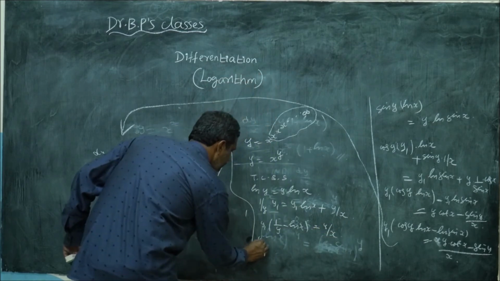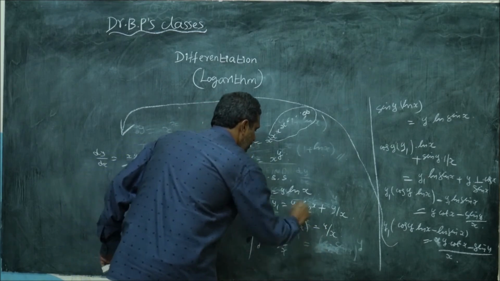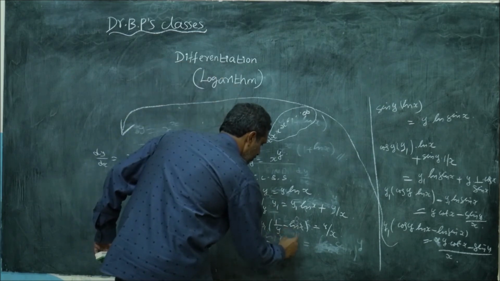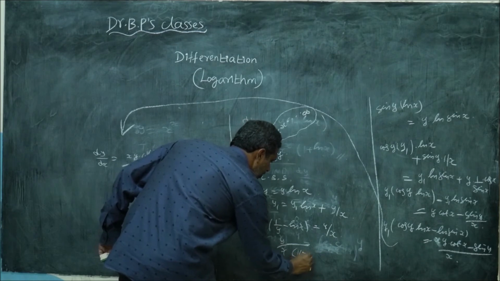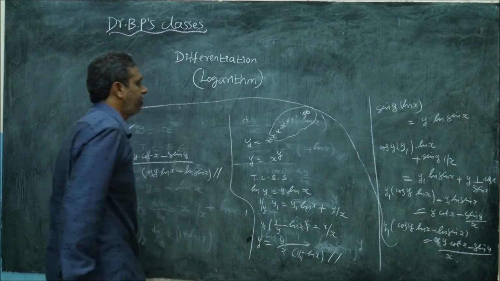So y1 is equal to y by x divided by 1 by y minus log x. Y becomes the numerator if you move it that way. If you simplify, you will get this answer. This is the way of doing it.